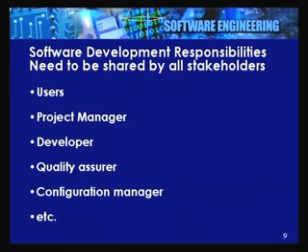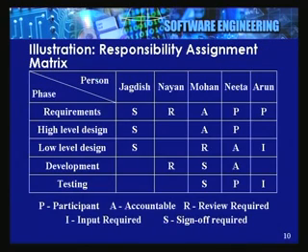So every project will typically have a role responsibility matrix of the type that we have seen. If we look at the slide again, we have on one side the persons that we have with us, Jagdish, Nayan, Mohan, Neeta, Arun. And we have different phases of the project, like requirement, high level design, low level design, development, and testing.